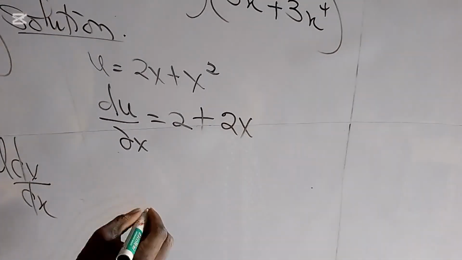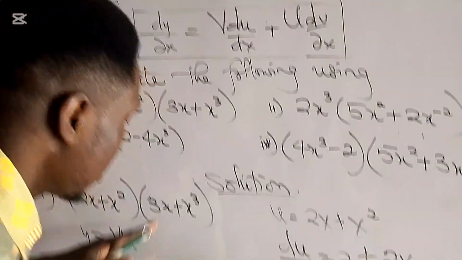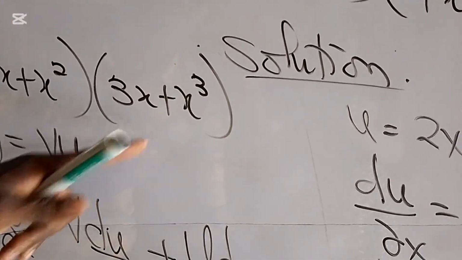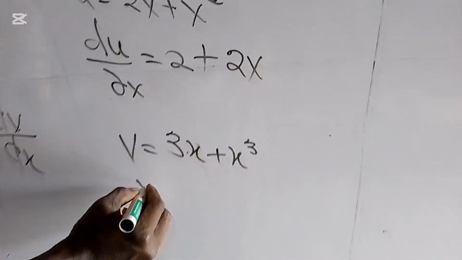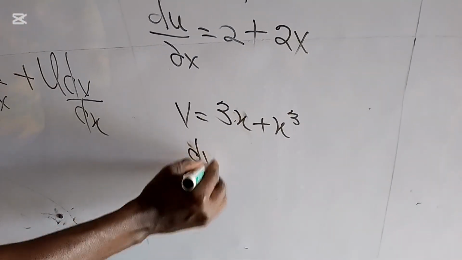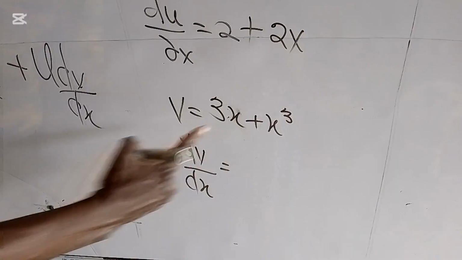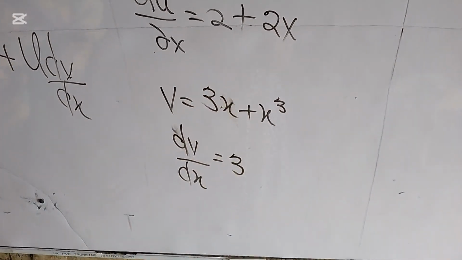Now we take v, which is the second bracket, which is 3x plus x cubed. So our dv by dx will be equal to, when you differentiate 3x, you will get 3 from our previous lesson.